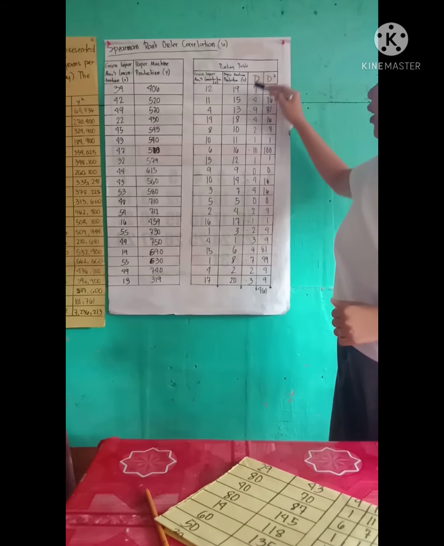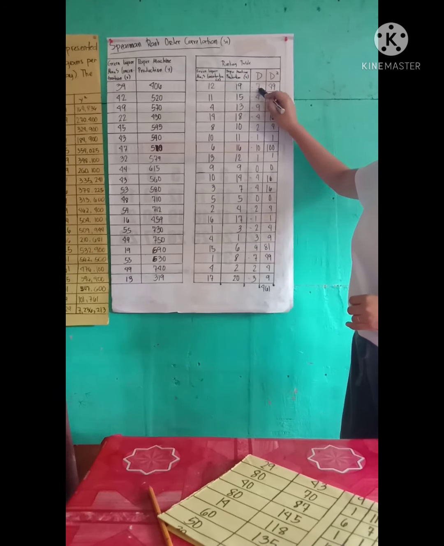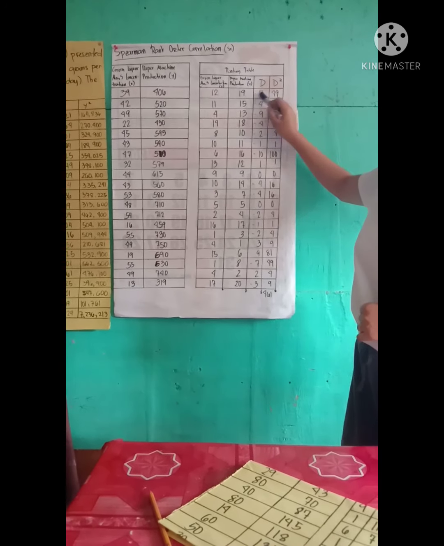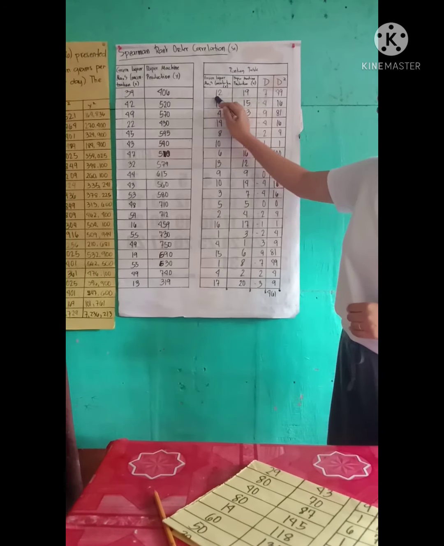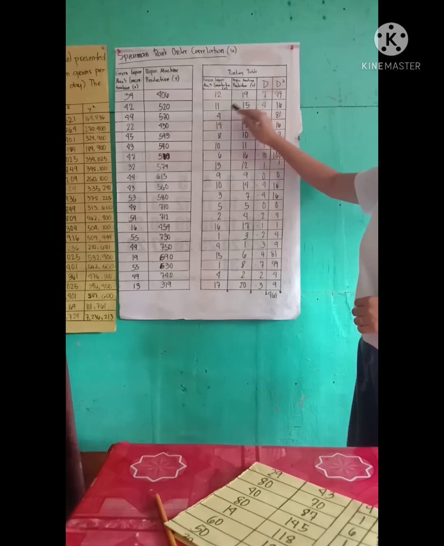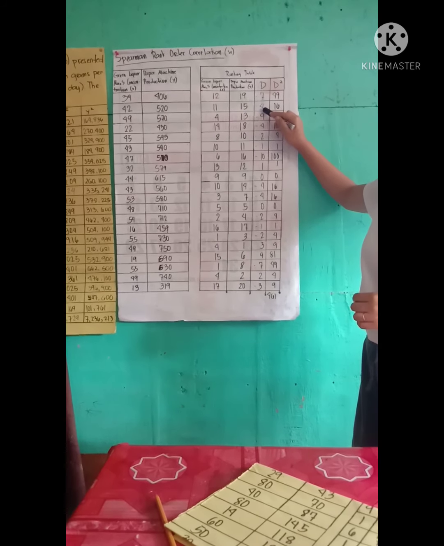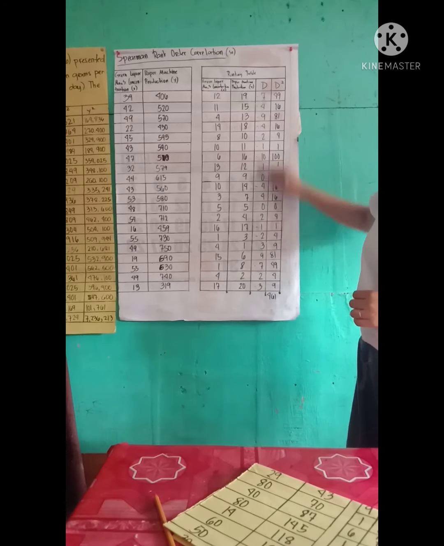So we also have the D column and the D squared column. In order to get the D column, we need to subtract the Y from the X. So 12 minus 19 is equal to negative 7. 11 minus 15 is equal to negative 4. 4 minus 13 is equal to negative 9, and so on.